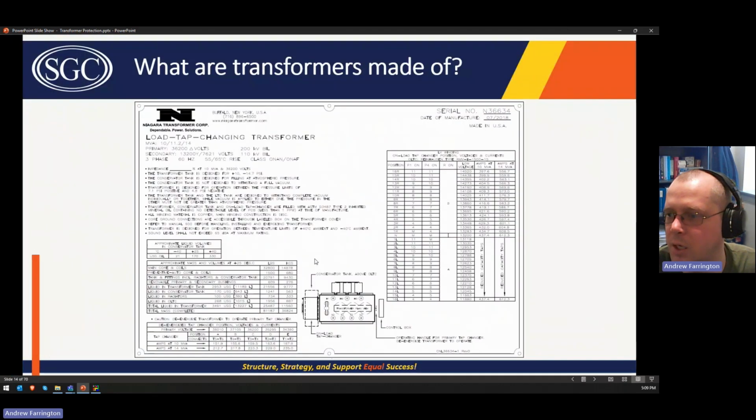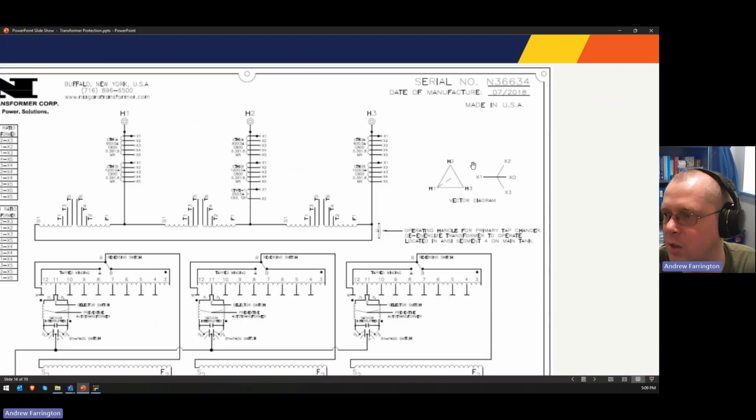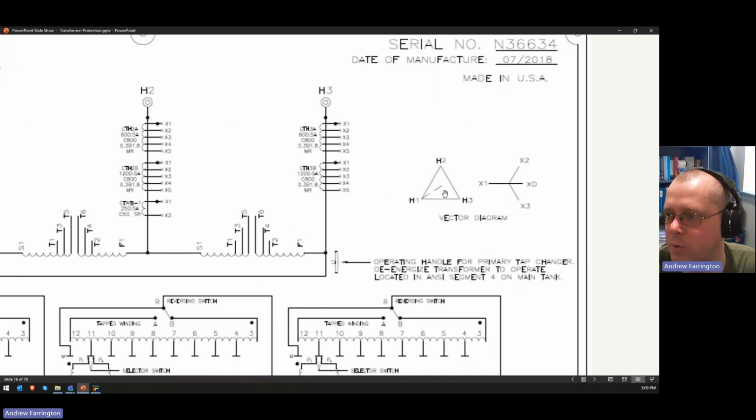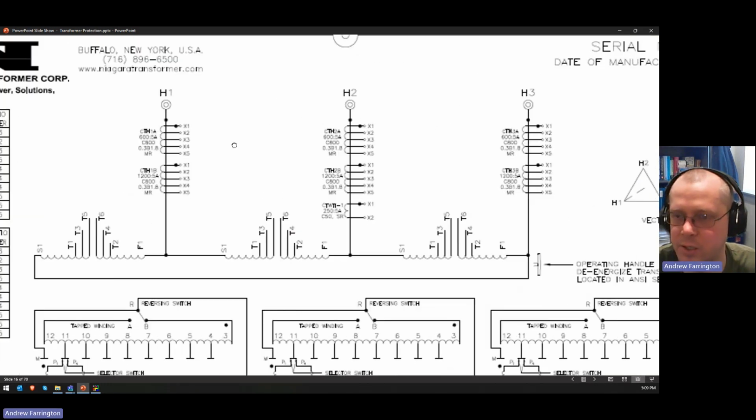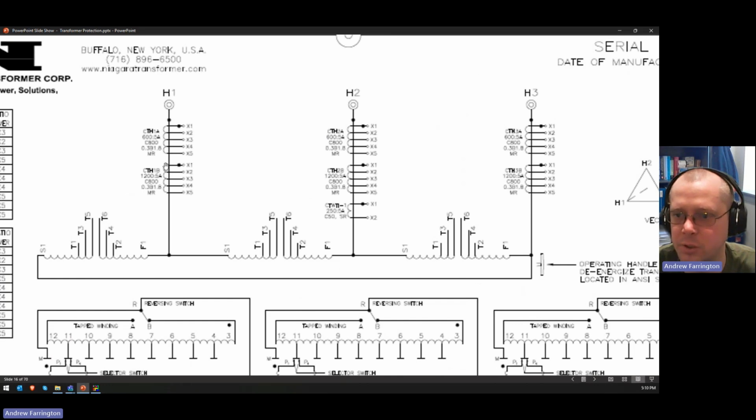So you can actually tell, back in that nameplate drawing that we had, this one here, that this is a DY1 transformer without even looking at the vector diagram. And the way we can tell that is the H1 bushing, right? This is the polarity of A, okay? That would be connected, here's the F1 winding or whatever, to the non-polarity of H2, right?